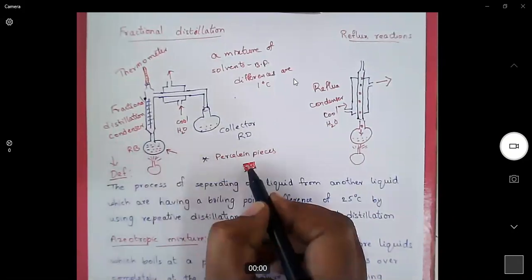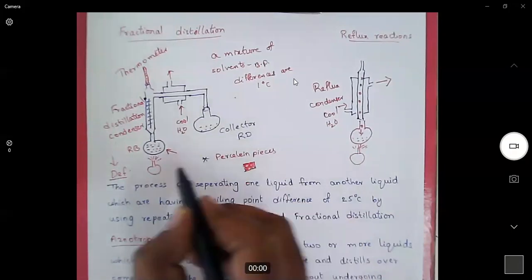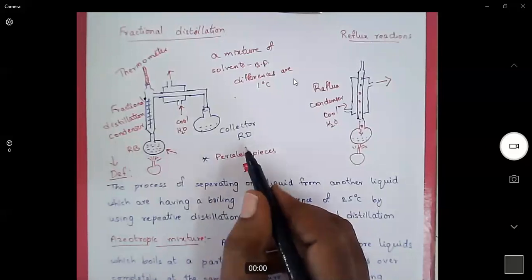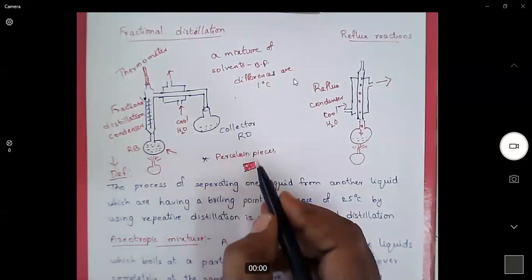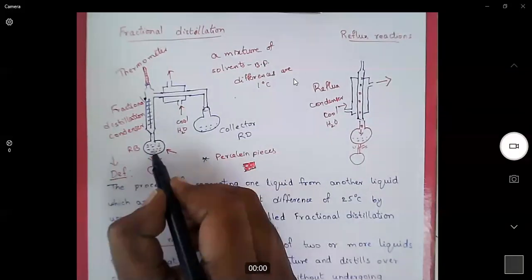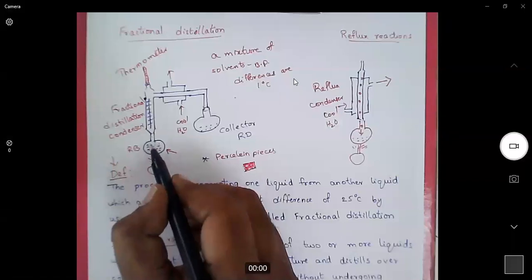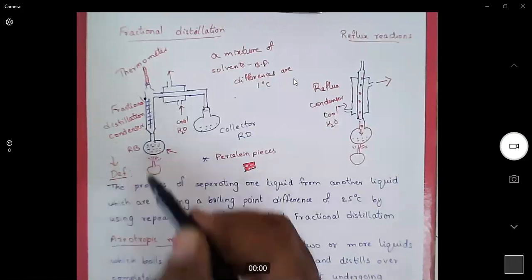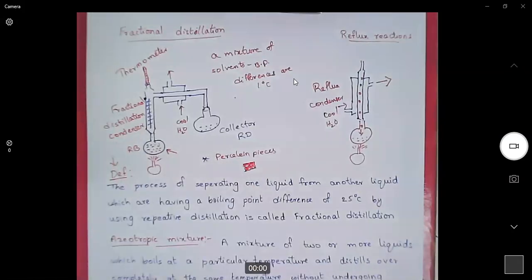Once these vapors have escaped, these cavities become empty. Then again they will absorb some more vapors at the bottom in the porcelain pieces. After some time, these vapors will escape to the surface. Again, this process will continue, so that the vapors at the bottom will be circulated to the top. Then the top liquid will be coming down, so this process will ensure uniform heating throughout the solution.